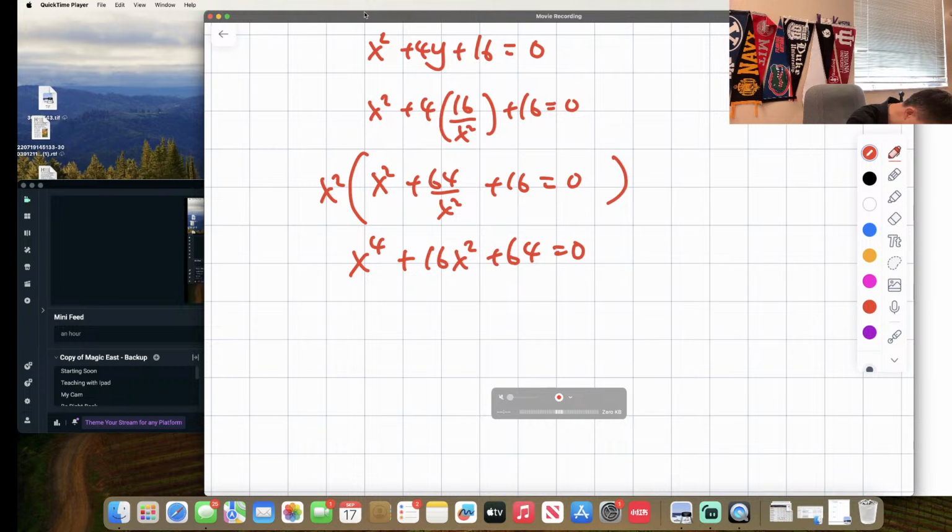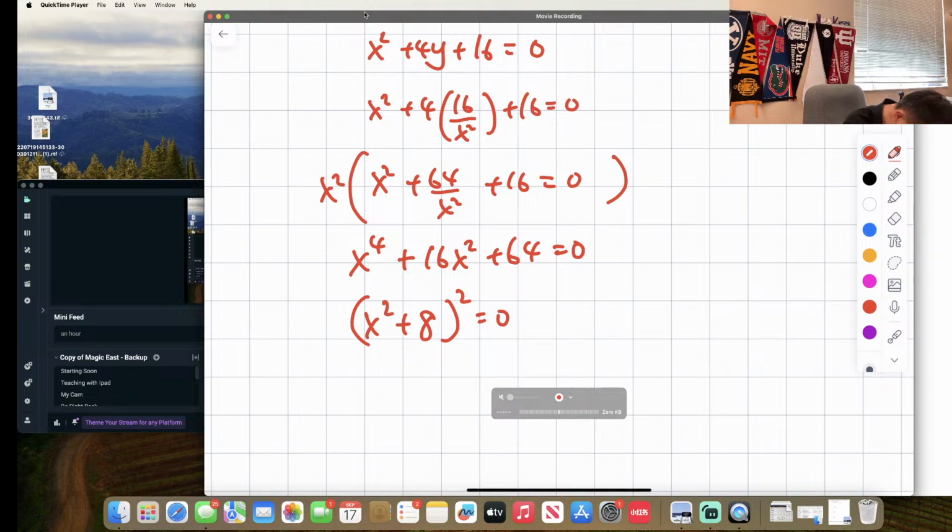And this one is x squared plus 8 squared. I square root both sides, so x squared plus 8x equal to -8, x equal to root of -8.